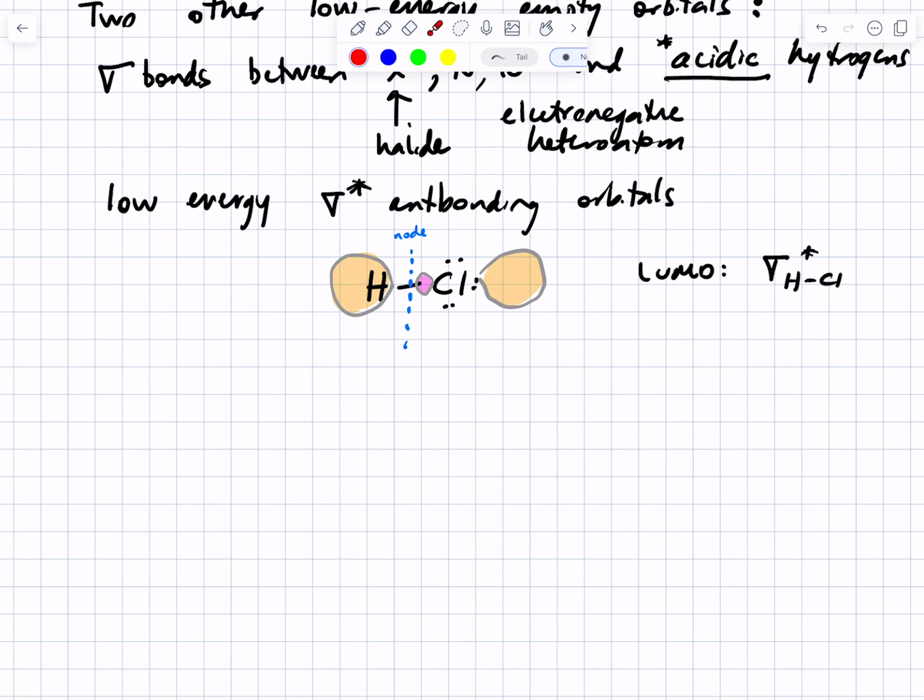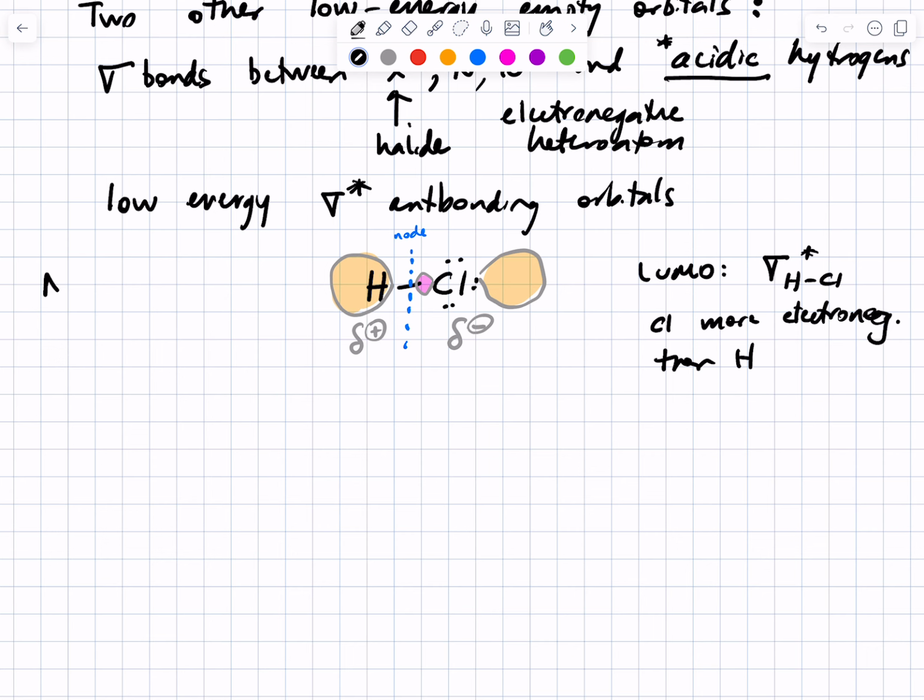Okay. Let's just predict what might happen here. What do you know about chlorine's electronegativity relative to hydrogen? More, right? So you expect the chlorine to be somewhat electron rich and the hydrogen to be somewhat electron poor, because chlorine is more electronegative than hydrogen.